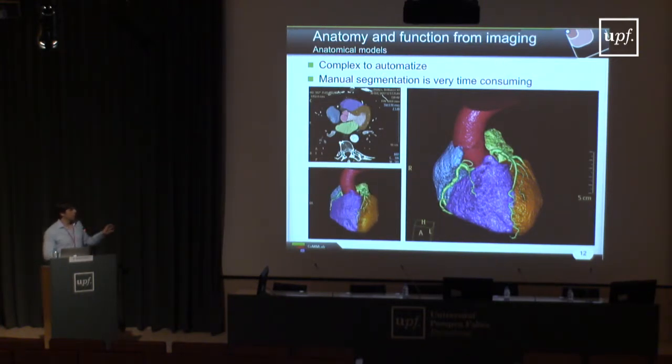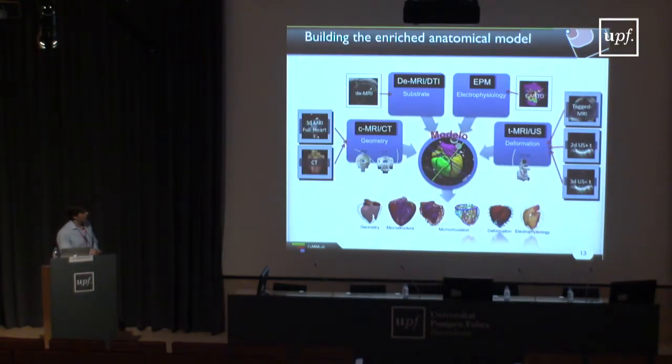The problem is that we are not only interested in the geometry. We also want to add information from different modalities that provide functional information. So at the end, this model has to be enriched with different data. Of course, we need scans to recover the geometry. That can be CT or MR. But we want, for instance, to add the substrate. We are very much interested in knowing where is scar tissue, where is fibrosis in the atria, if there are conduction channels that can produce reentries.